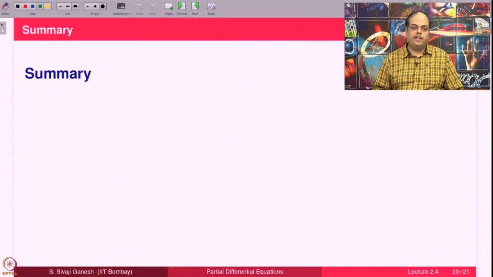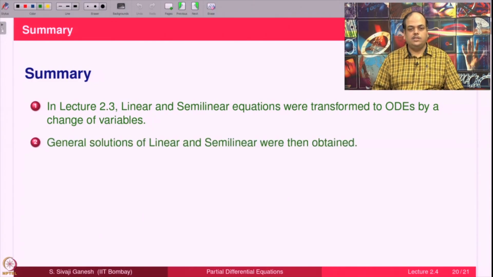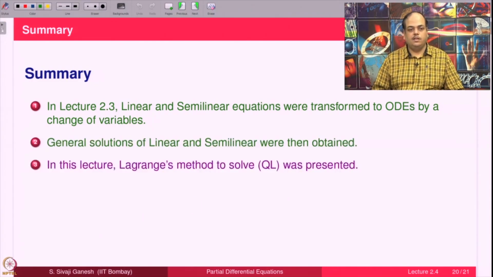So, let us summarize what we did in this lecture. In lecture 2.3, linear and semilinear equations were transformed to ODEs by a change of variables. General solutions were obtained. In this lecture, Lagrange's method to solve QL was presented.